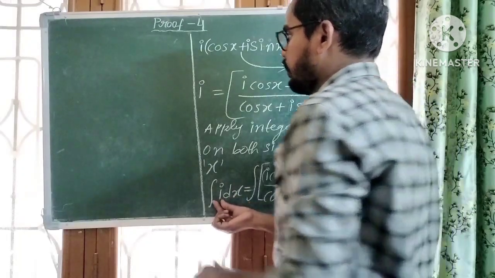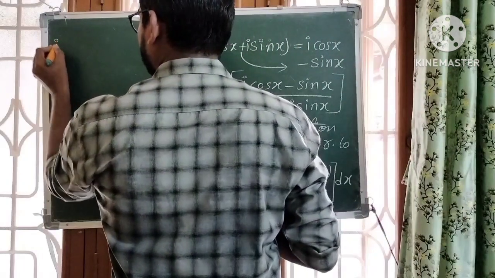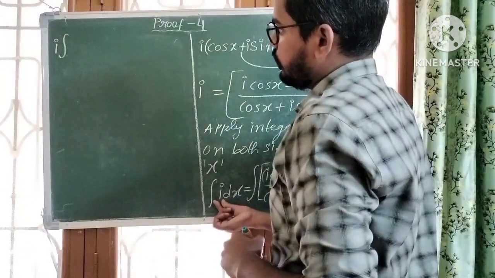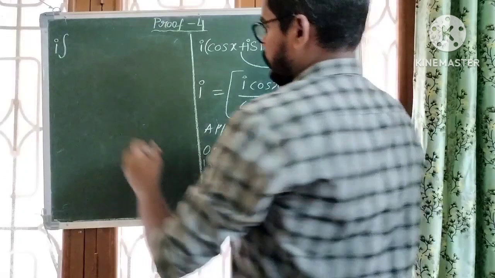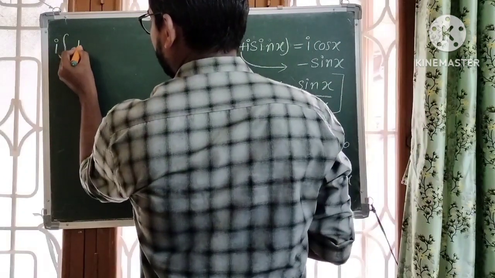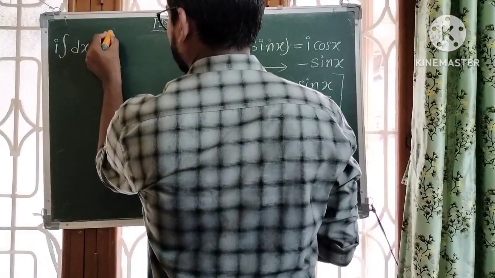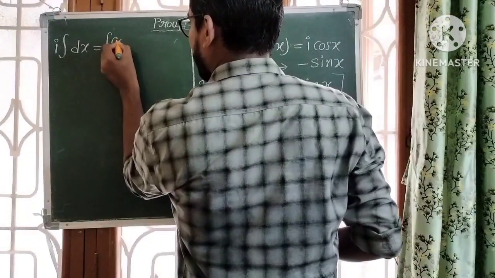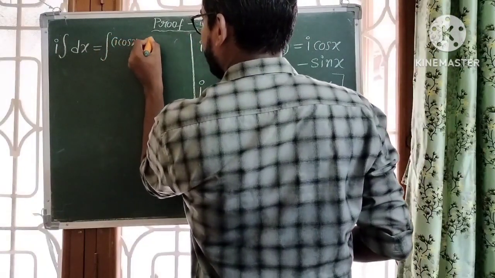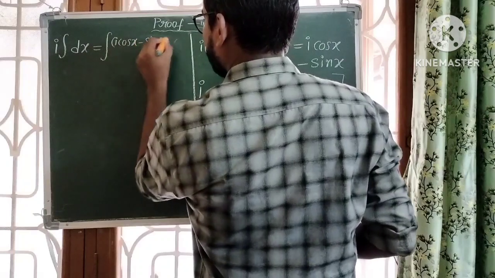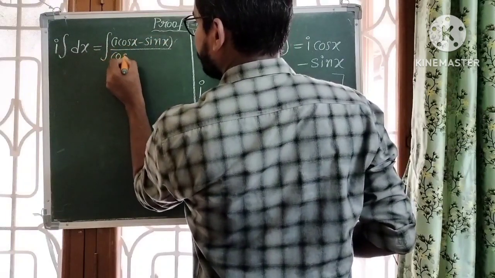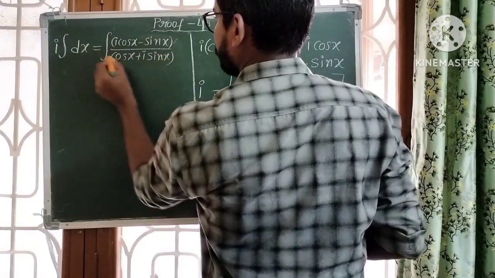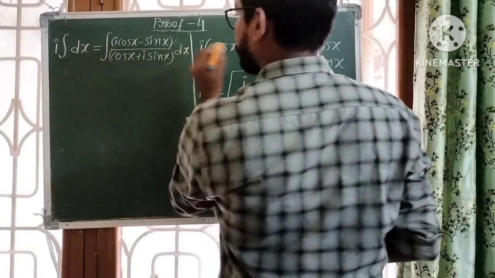Here i is a constant, so take i out of the integration. So i integral dx is equal to the integral of numerator i cos x minus sin x by denominator cos x plus i sin x into dx.